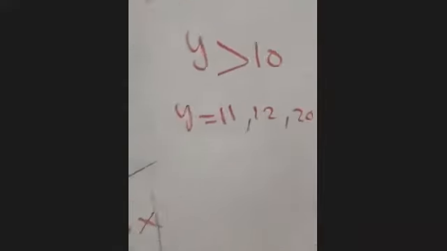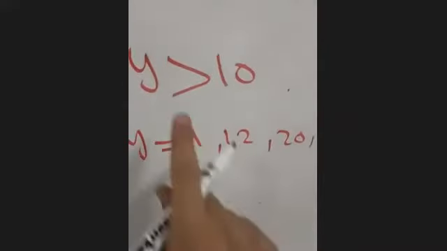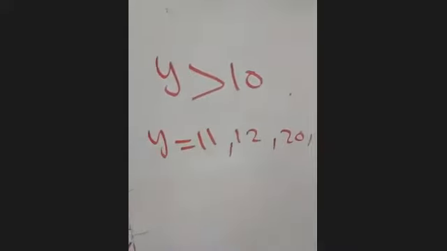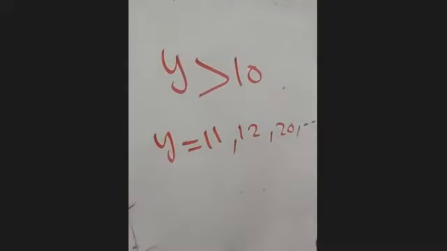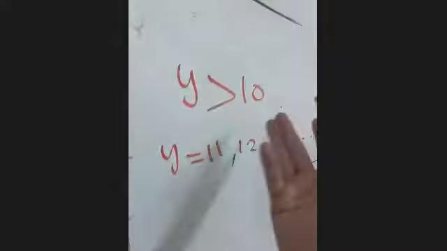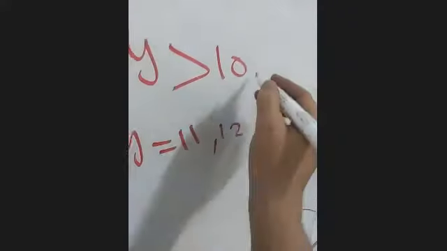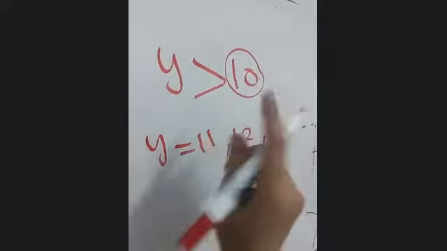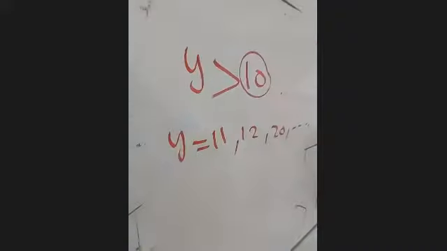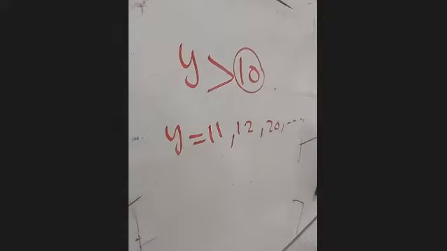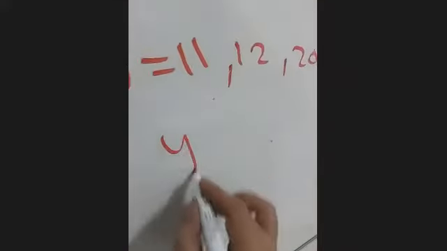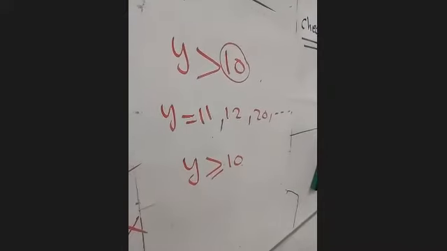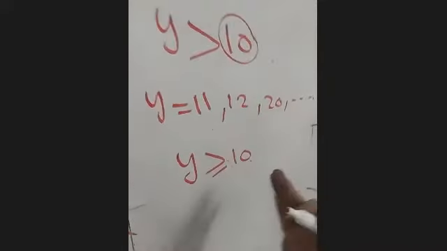Y more than 10, right? So the possibilities for y are any number more than 10 except 10. So the 10 is not included for y. Got it? But when I say y more than or equal to 10, the 10 is included now.